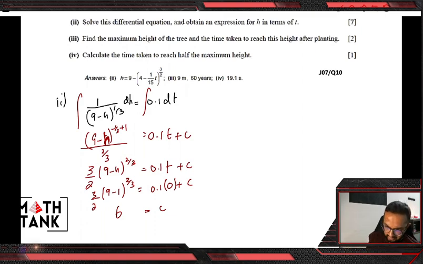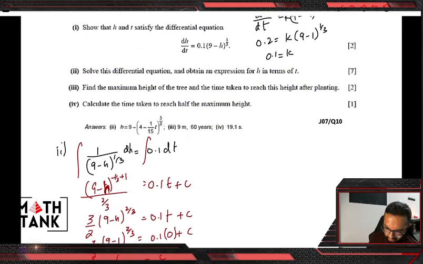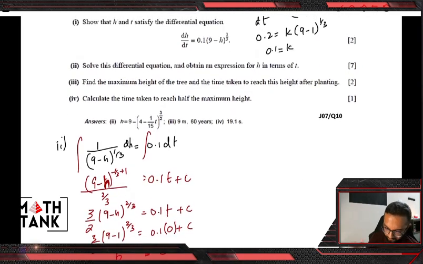I have a feeling there's some calculation. We'll know in time. So I get 2/3 (9 minus h) to the power 2/3 times 3/2 equals 0.1t plus 6.